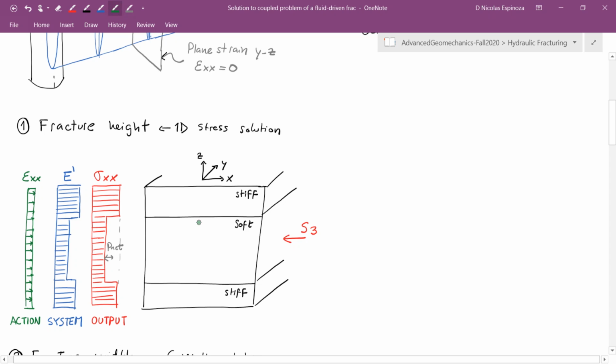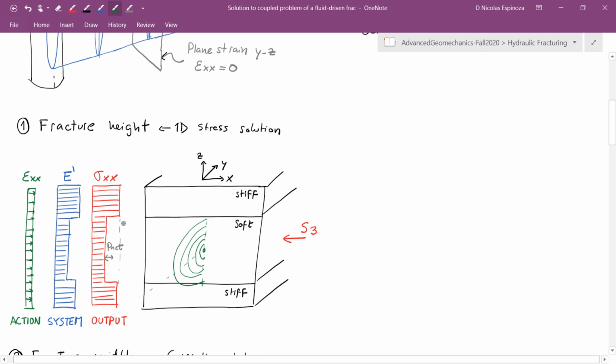All right, so in this case then, let's say that I have a fracture that starts at this point, is going to grow, and is going to grow as a plane in the plane YZ coming out from the screen, and it will grow, eventually find the bounds, which are the two stiff layers, as long as the net pressure in the fracture does not exceed this fracture barrier, or you may think in chemical terms of activation energy.